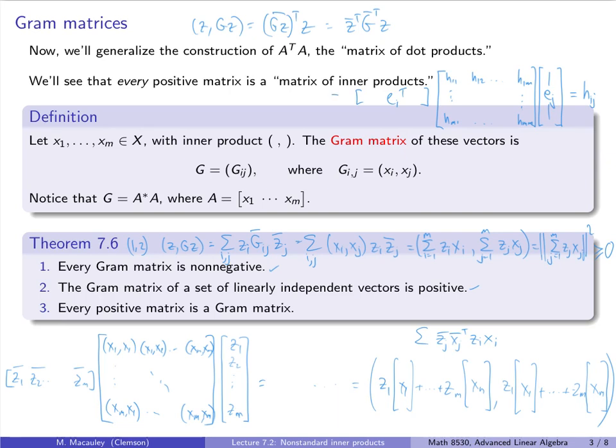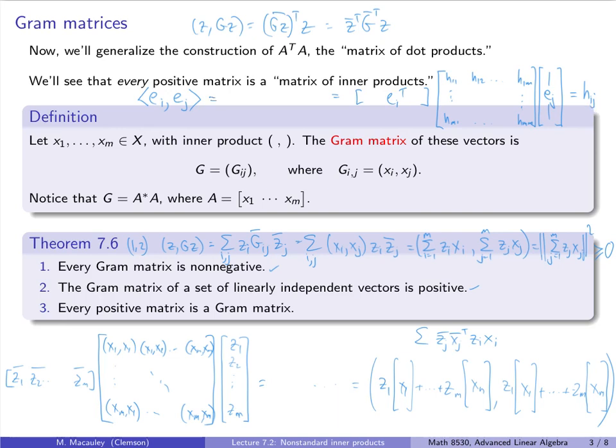So I'm going to define an inner product. If I can define an inner product of EI and EJ where this is HIJ, then I'm done.